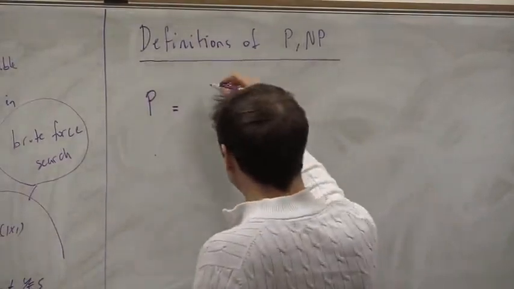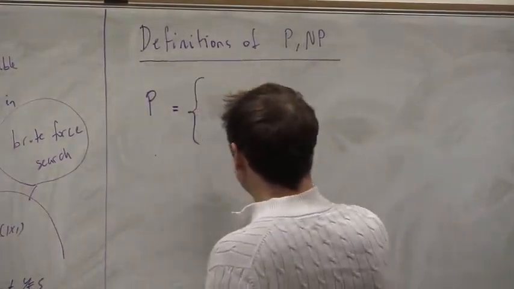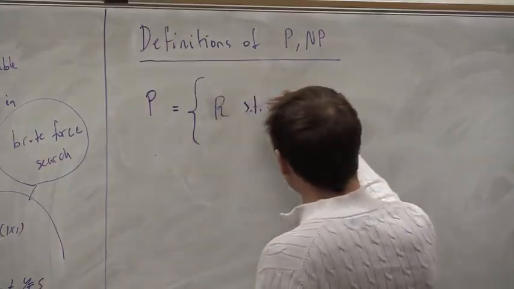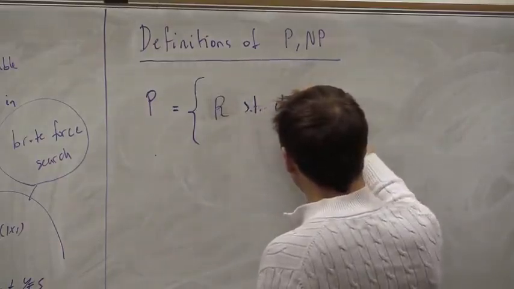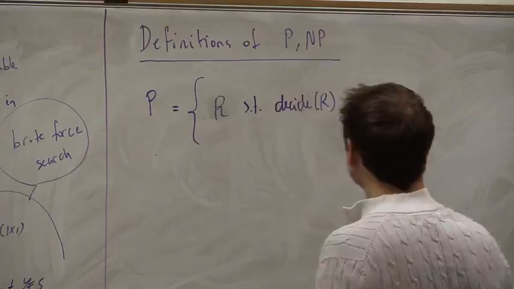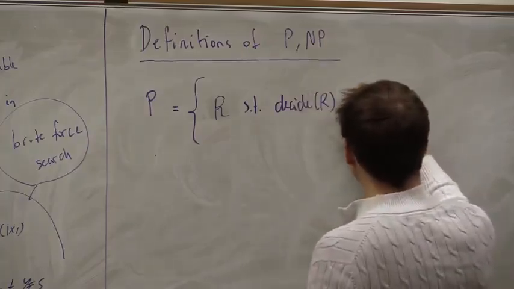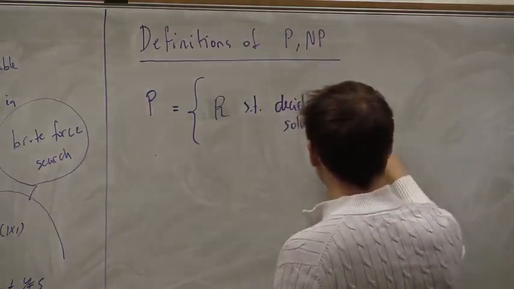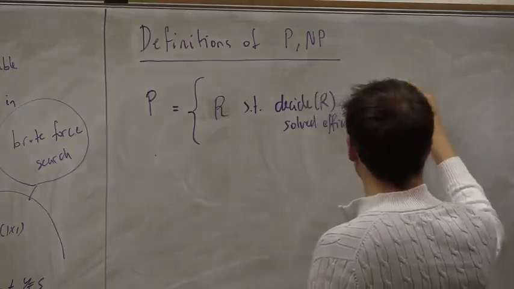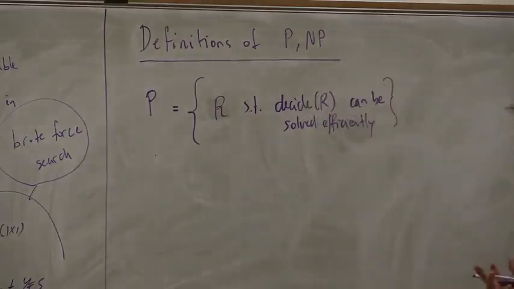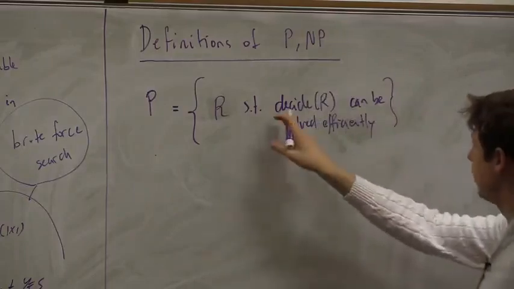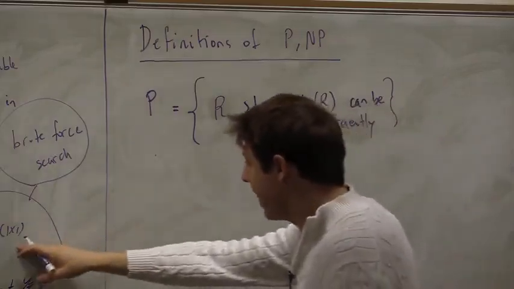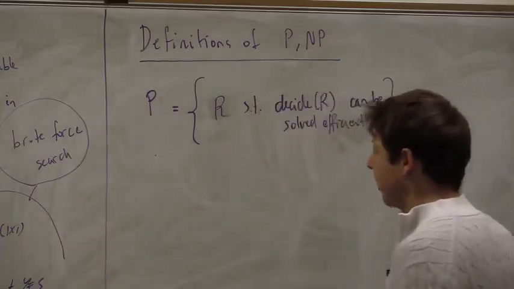So we're going to say that P consists of all relations R such that the decision problem for R can be solved efficiently. Okay, so there is a polynomial time algorithm that is able to solve the decision problem. And because there is a polynomial time algorithm, it is a better alternative to brute force search.